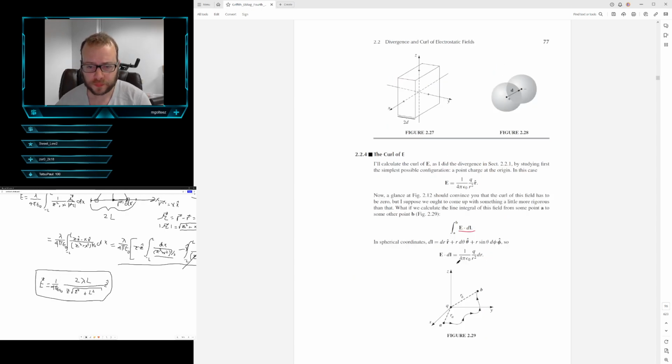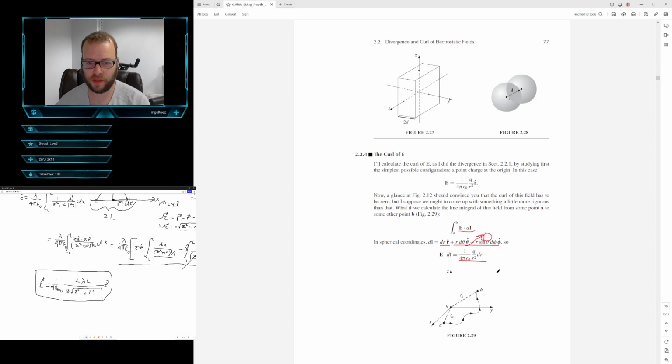Well, E dot dl will simply be, where dl is equal to dr r hat, r d theta theta hat, r sine theta d phi phi hat. E is only in the r direction, so all of these terms cancel out, and we are left with this.